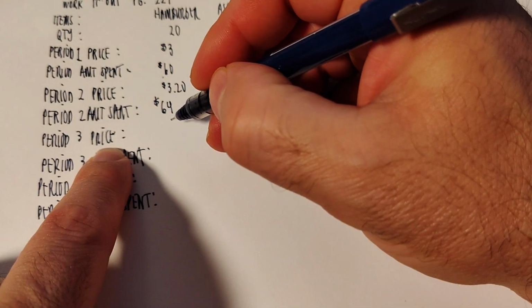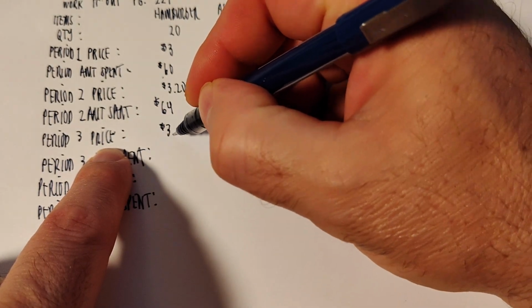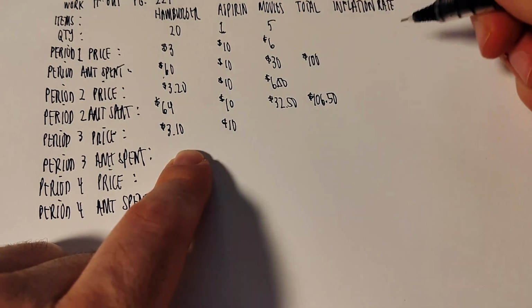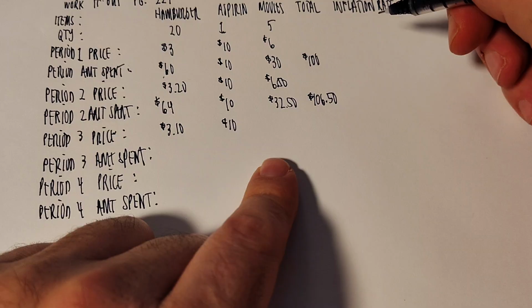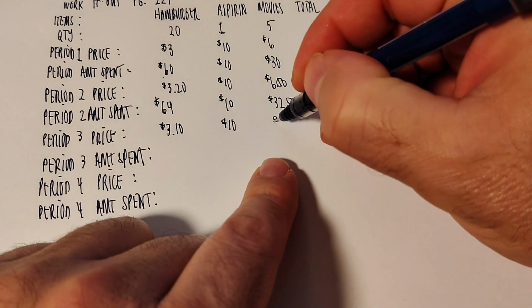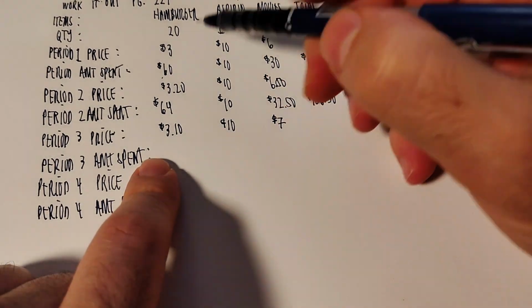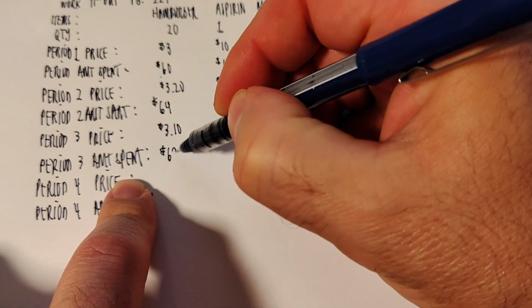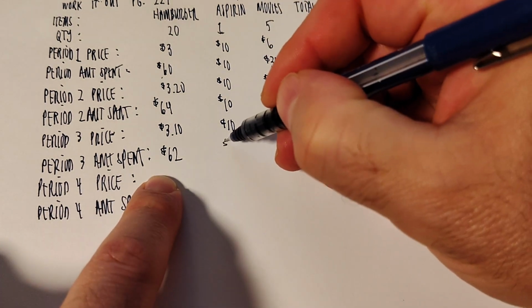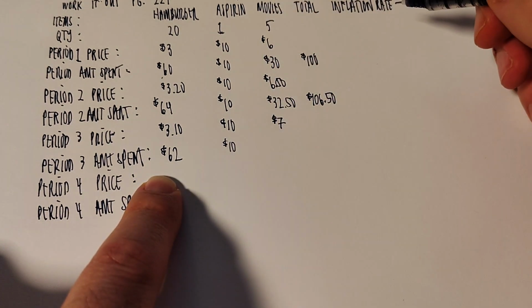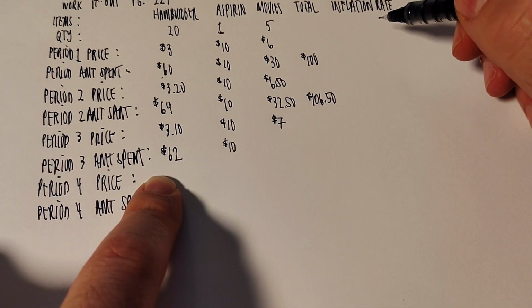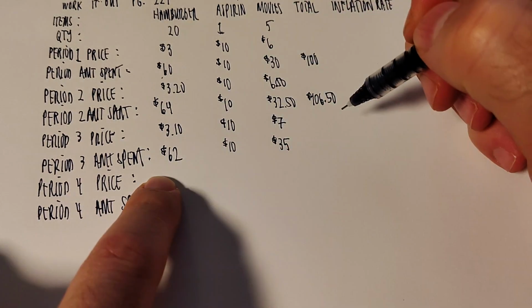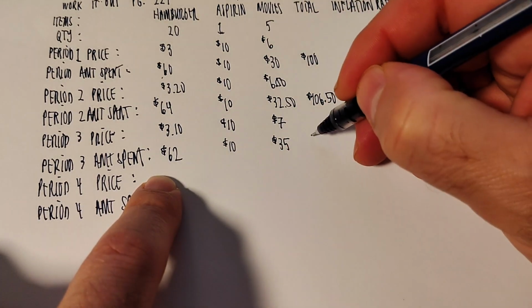And now let's do this for period 3. We have burgers went down to $3.10. Aspirin is still $10. And movies are now $7. All right. So 20 times $3.10 gives us $62. Again, we're spending $10 on aspirin. And we're going to be spending $35 on movies. And when we add that, we get $107.